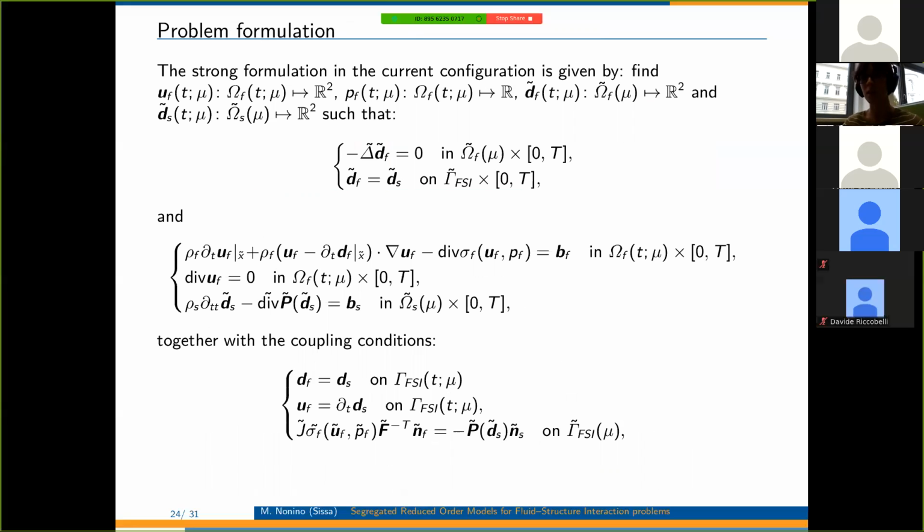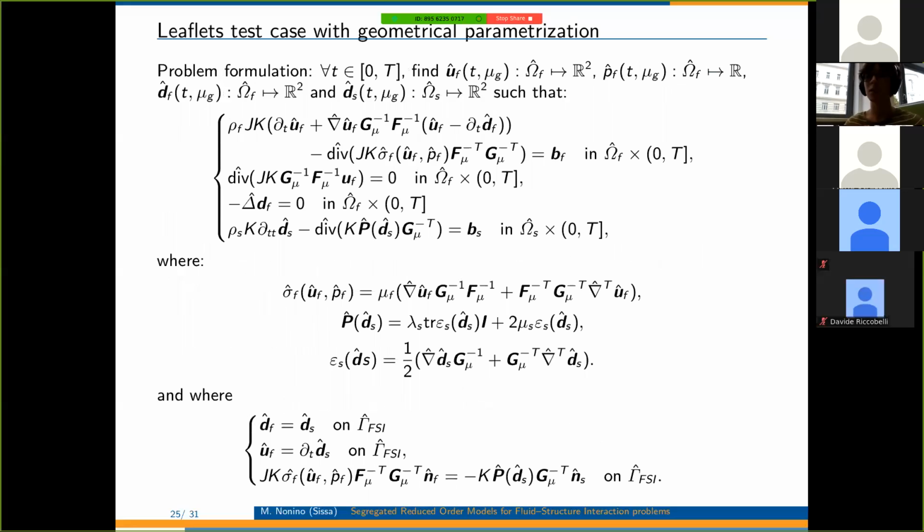So as you can see, we have the problem for the fluid displacement, which is defined on the intermediate configuration. The Navier-Stokes equations are defined in the original configuration, and the linear elasticity problem is defined in the intermediate configuration. So to obtain a uniform formulation, we pull everything back on the reference configuration, and this is what we obtain.